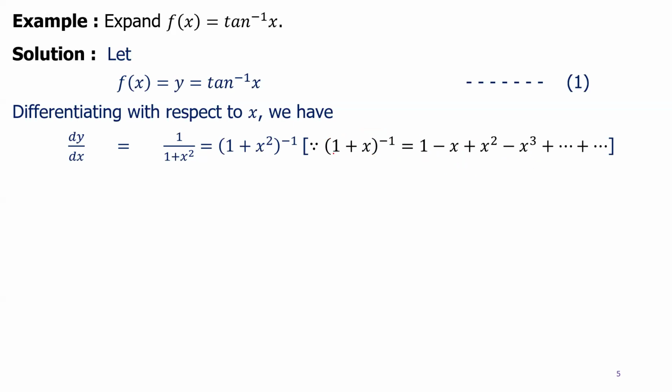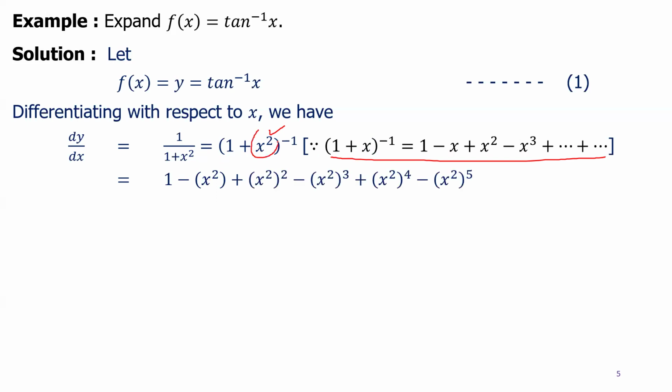Now we apply this formula to expand this expression. In place of x we have x square. So we write 1 minus x square, then x square whole square, then x square whole cube, then x square whole to the power 4, x square whole to the power 5, and so on.